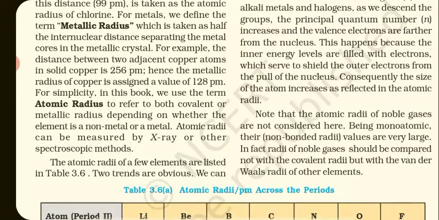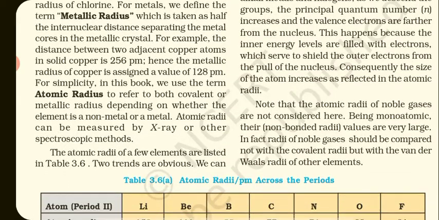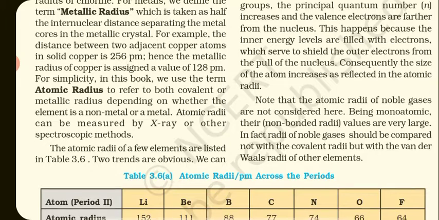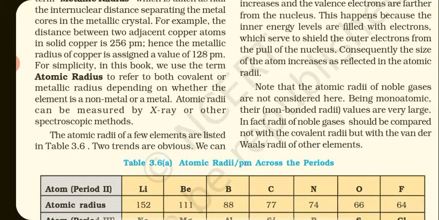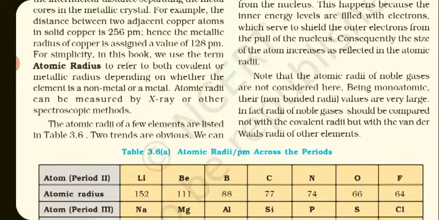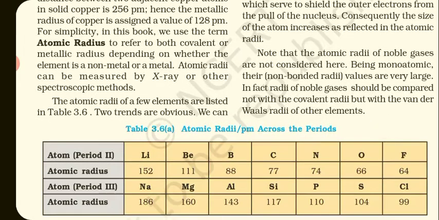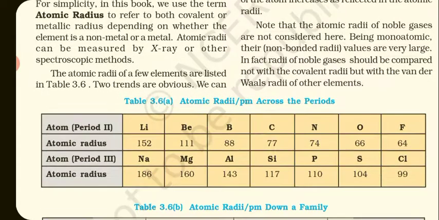The principal quantum number n increases, so the valence electrons are farther from the nucleus. This happens because inner energy levels are filled with electrons, which serve to shield the outer electrons from the pull of the nucleus. Consequently, the size of the atom increases, as reflected in the atomic radii.